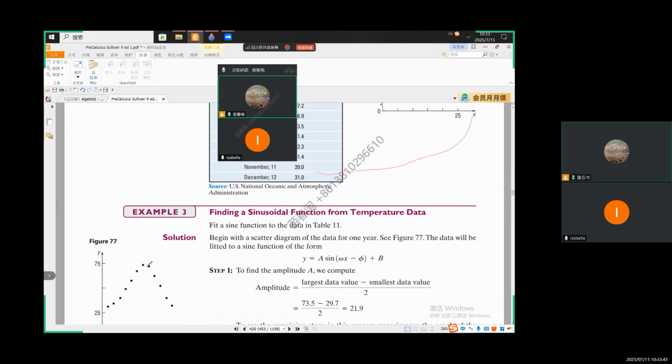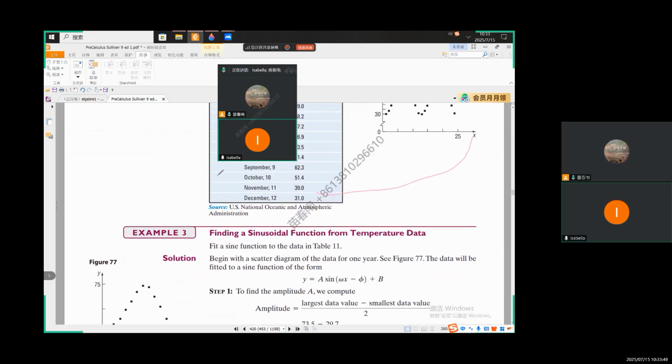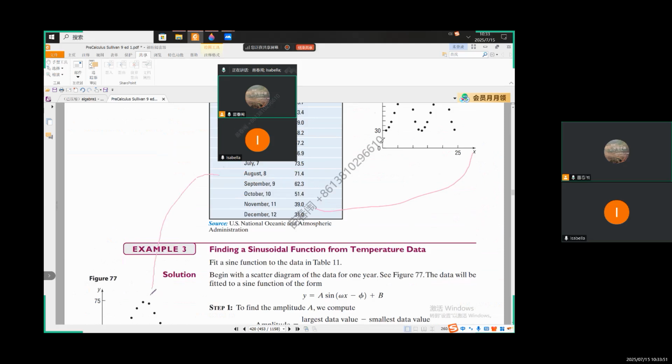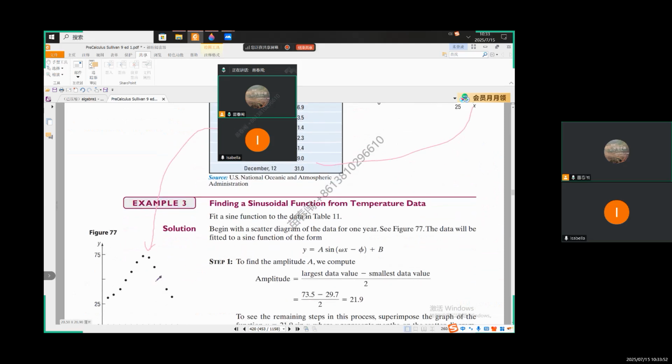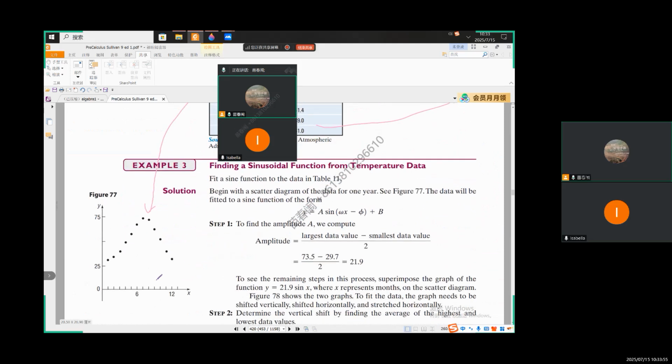I guess we don't really have time to do all this, but if we already have this as a sketch, can we fit a sine function? Yeah, we could, because that's already the mountain and valley structure.